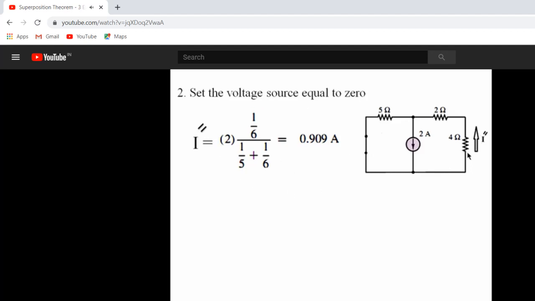The direction of the current that results from the current source is upwards, which is opposite to the direction of the current that results from the voltage source. That's why we added this minus sign to the value of the current that results from the current source, because the direction is opposite. And this current here is the current that results from both the voltage and the current sources.